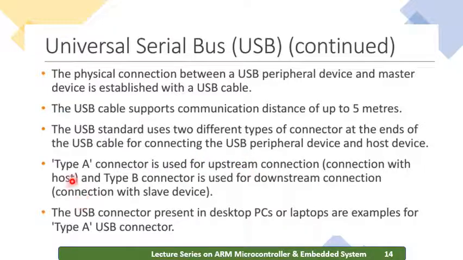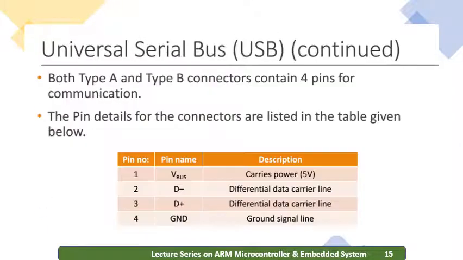That is type A and type B. The type A connector is used for the upstream connection and type B connector for downstream connection. So downstream and upstream are nothing but whenever we connect with respect to host and with respect to the slave device, it is called upstream and downstream respectively. The USB connectors present in the desktop PC or laptop are examples of type A USB connectors.